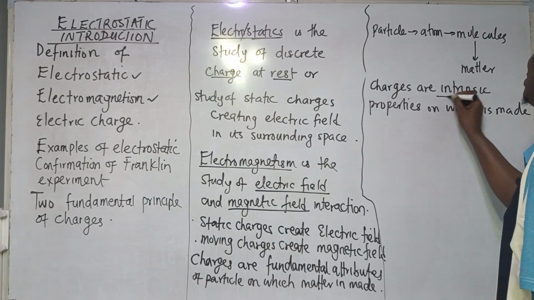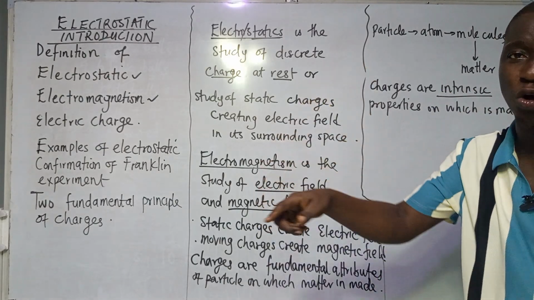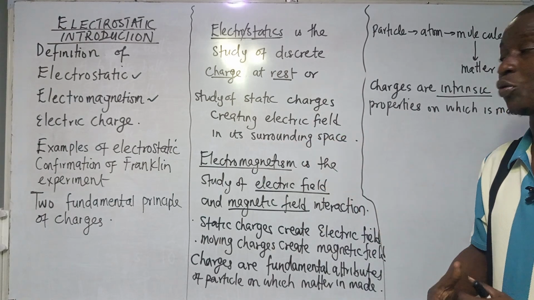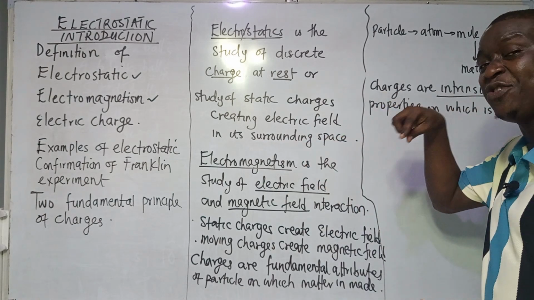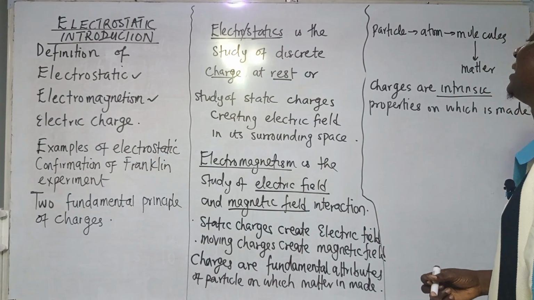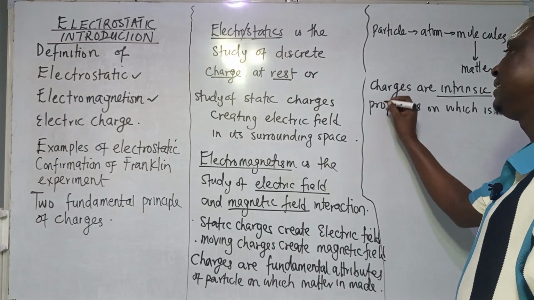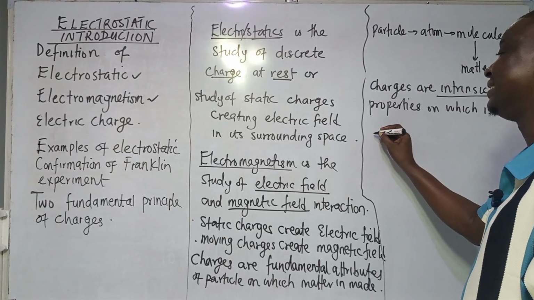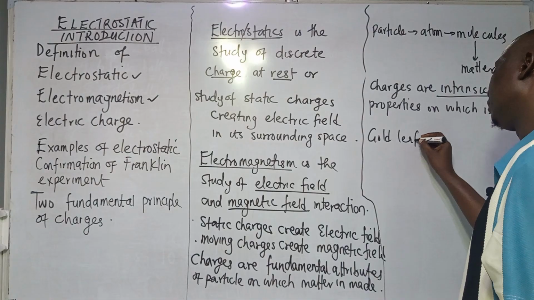Intrinsic means the property of the charge is determined inward, internally, not by an external factor. And that is why, if you want to detect charges, the instrument used is what they call a gold leaf electroscope.